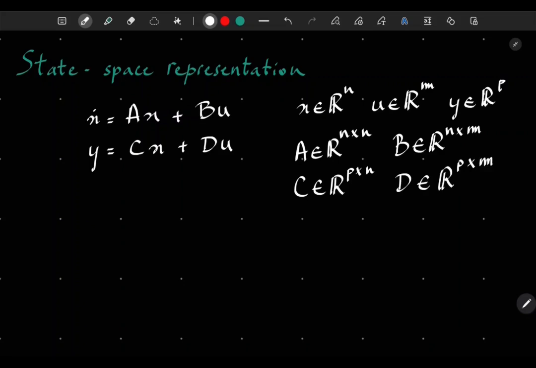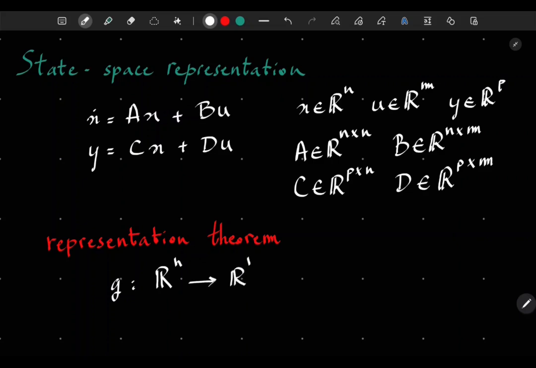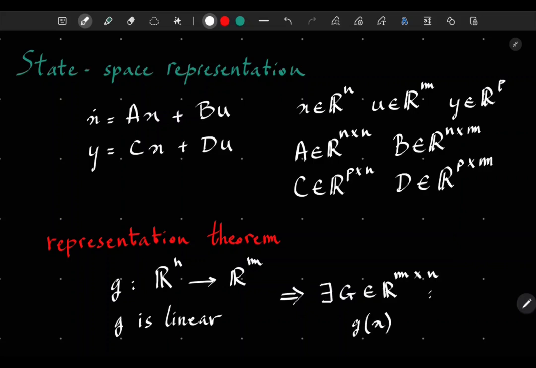For linear systems, such a representation always exists by virtue of the representation theorem for linear functions. Such a theorem states that if we take a generic function g that goes from a space, let's say R to the n, into another space, let's say R to the m, and g is linear, then there exists a matrix capital G of suitable dimensions such that the application of g to a vector x is equivalent to the product of G times this vector.